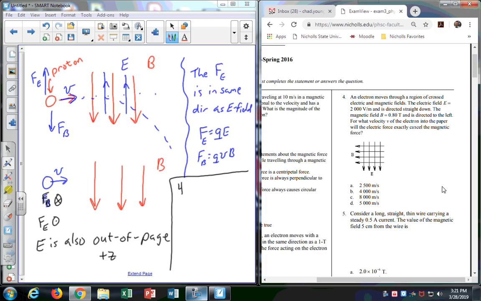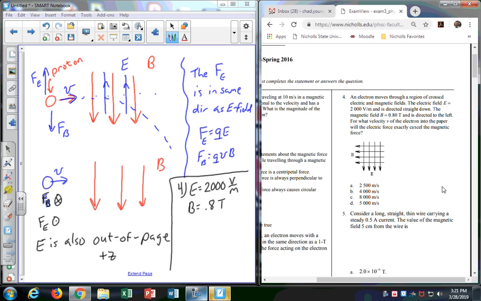So an electron moves through a region across electric and magnetic fields. The electric field is 2,000 volts per meter. So E is equal to 2,000 volts per meter, or newtons per coulomb, remember. And it's directed straight down. And the magnetic field is equal to 0.8 Tesla. And I want to know what is the velocity of the electron so that the electric force will exactly cancel the magnetic force.